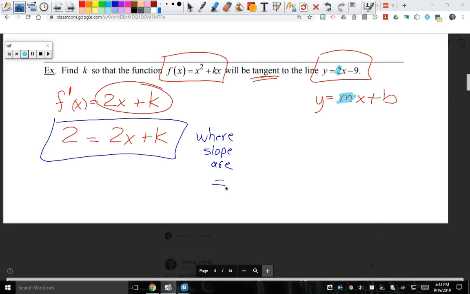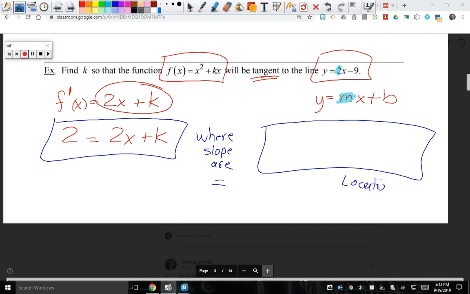The slope of the function and the slope of the line. Over here on this other equation, I'm going to show where the locations are equal. So this is where the f of x's are going to be equal. This is where the f prime of x's are equal.